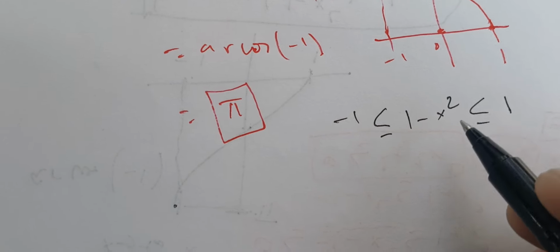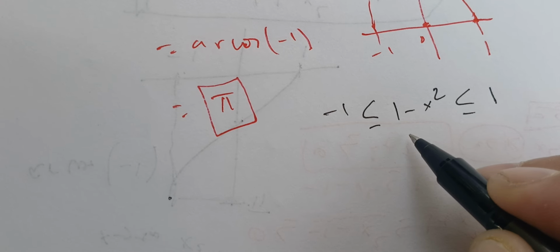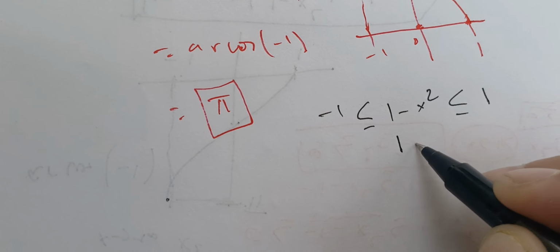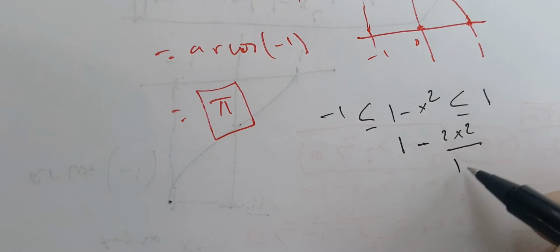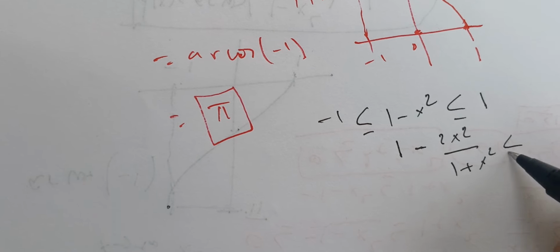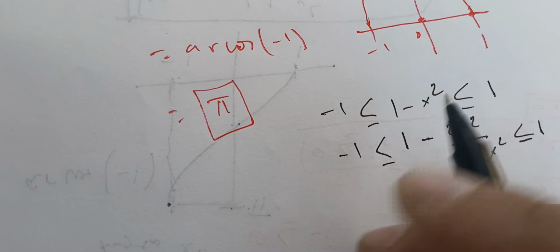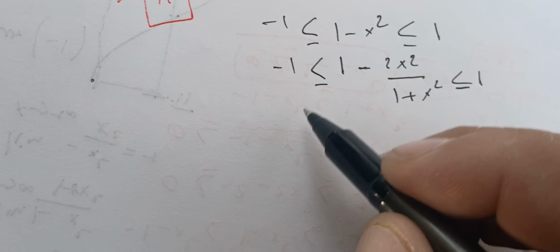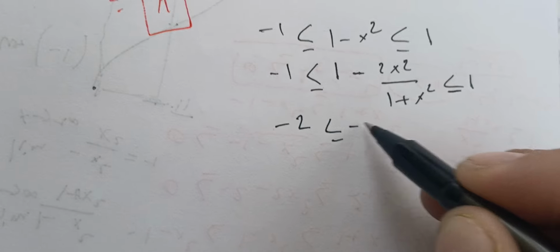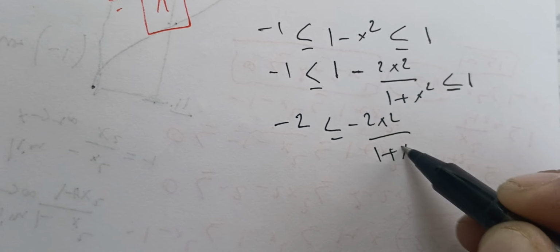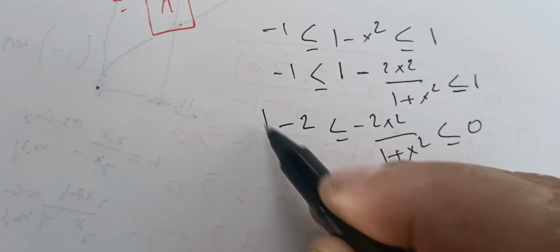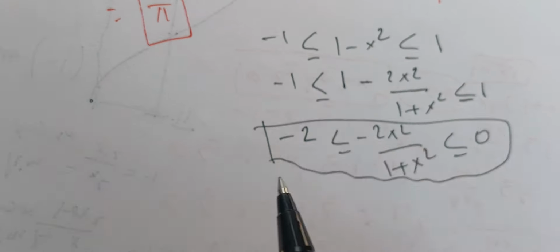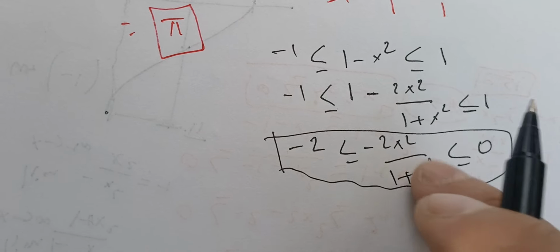If we add x squared, we have (1 minus 2x squared) over (1 plus x squared) between 1 and minus 1. To get rid of this 1, we add minus 1 to both sides. So we have minus 2 less than minus 2x squared over (1 plus x squared), which is less than 0.